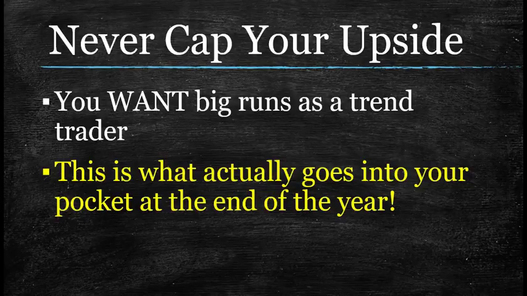Now, I realize since you already took half off, if you get a 700 pip run, for example, you're only getting 350 pips of that. But that's fine. That's 300 to 350 pips of pure profit in trends that repeat themselves over and over as the year goes on.